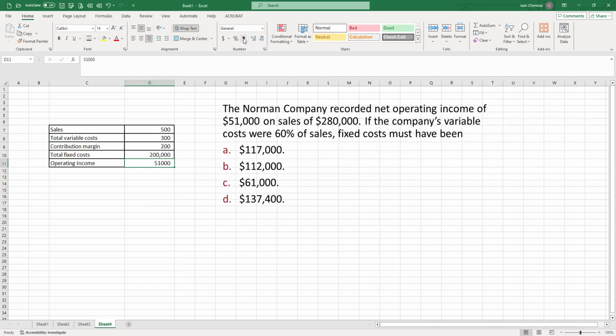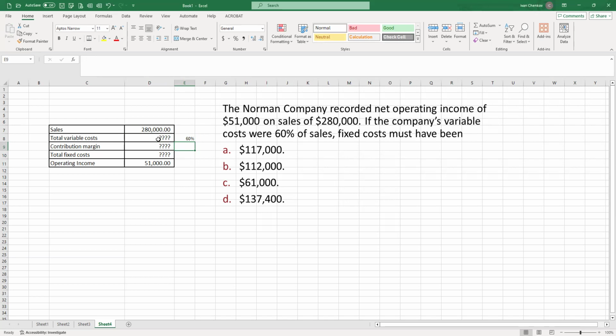Let's put some zeros here. I don't know this one. But I know my sales are 280. Correct? Yes. And I know that my variable cost is 60%. I don't know my variable cost. I don't know my contribution margin. That's all I know.